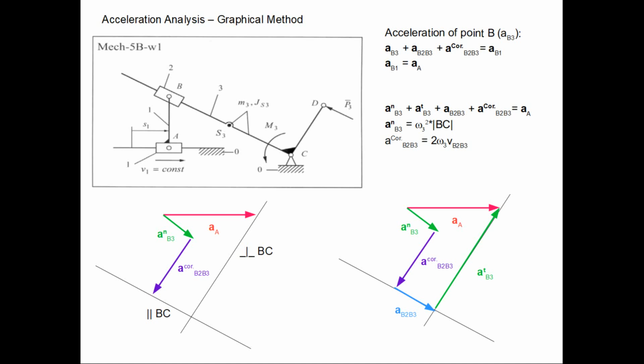First of all, direction is given to us because we know that the Coriolis acceleration is a vector product of omega and VB to be free vectors, and therefore it must be perpendicular both to the omega and to the VB to be free, and these three vectors must form a right-handed coordinate system, and therefore we can find the direction of the Coriolis acceleration.